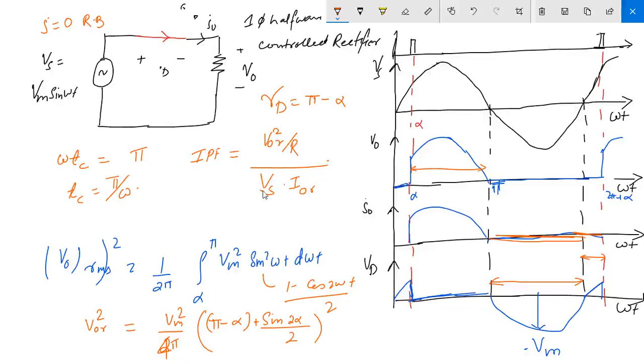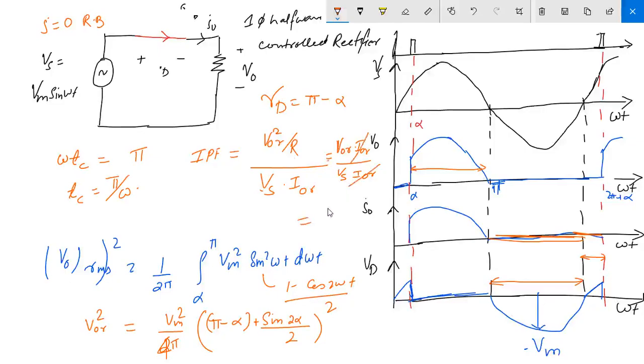You can write this as Vo RMS into Io RMS divided by Vs into Io RMS. There is a square, so you can cancel.